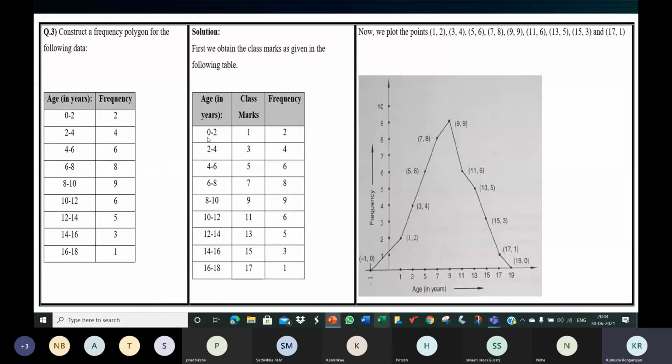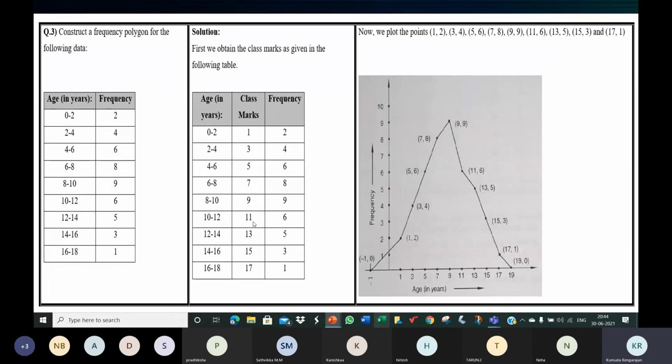How do you find the class marks? 0 plus 2 by 2 is 1, 2 plus 4, 6 by 2 is 3, 4 plus 6, 10 by 2 is 5, 6 plus 8, 14 by 2 is 7, 8 plus 10, 18 by 2 is 9, 10 plus 12, 22 divided by 2 is 11. Lower limit plus upper limit divided by 2. So the class mark for 10 to 12 is 11.